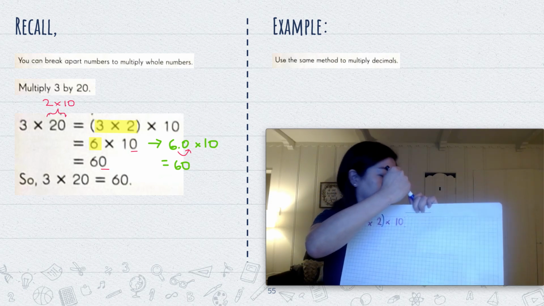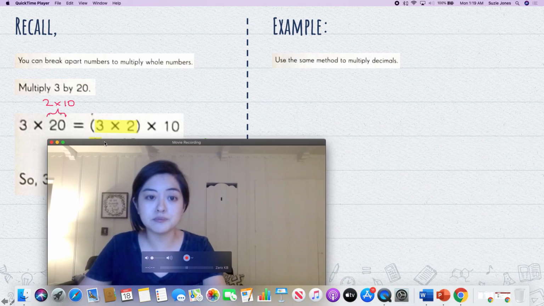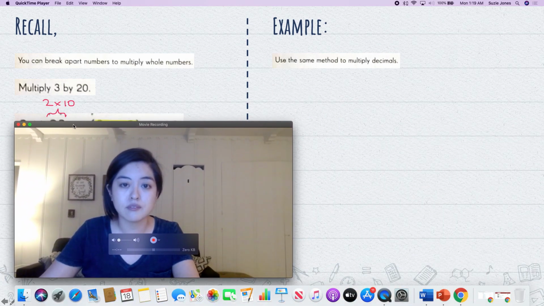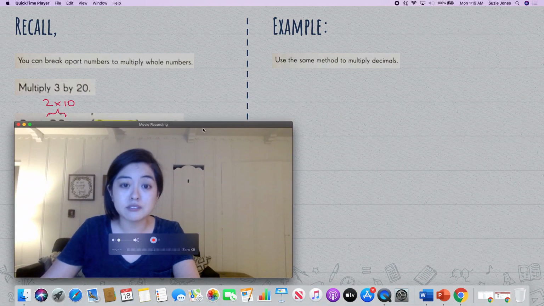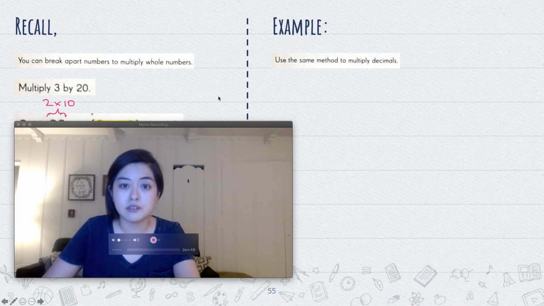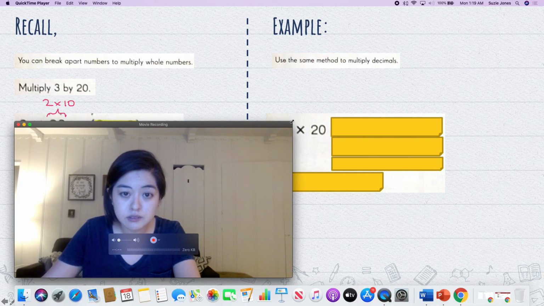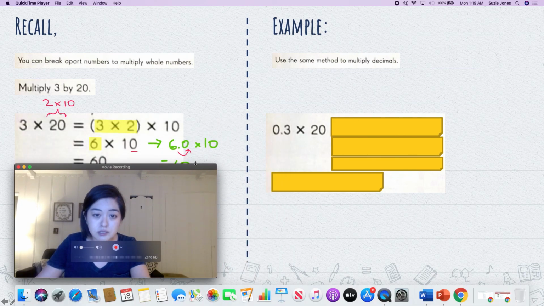Okay? And we can use the same idea to multiply decimals. Okay? So let's take a look here. I'm gonna make this a little bit smaller so you can see.